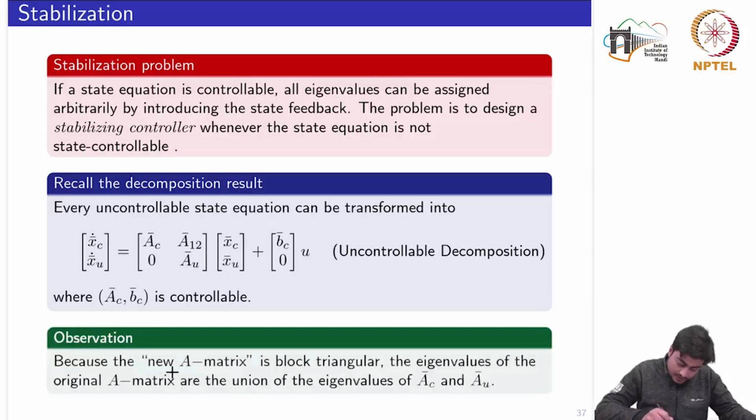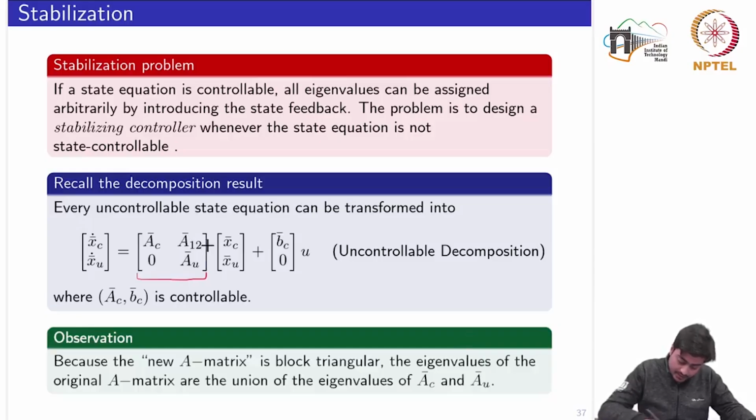Now, this is the new A matrix after the decomposition, just a new A matrix in the sense of representation. This new A matrix is block triangular. The eigenvalues of the original A matrix are basically the union of the eigenvalues of A C bar and A U bar. This thing you can also prove by yourself.